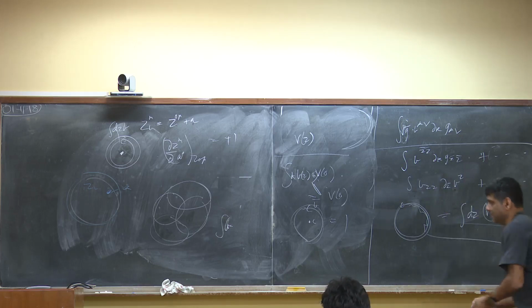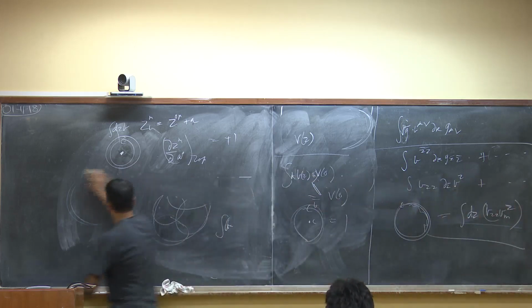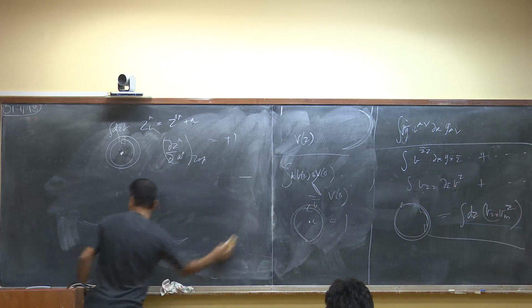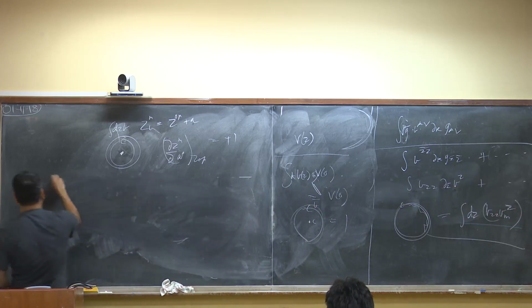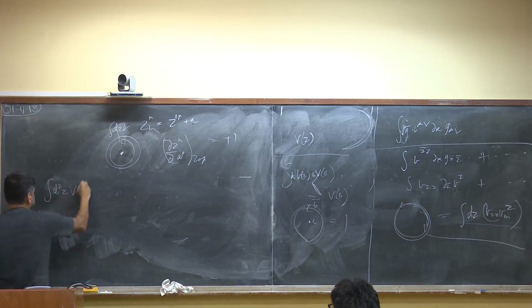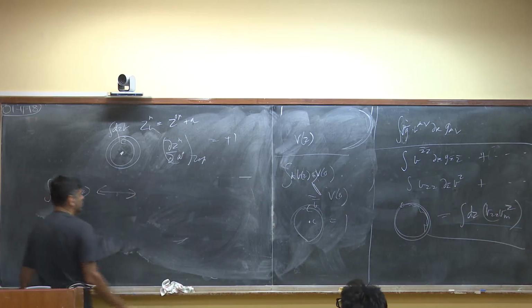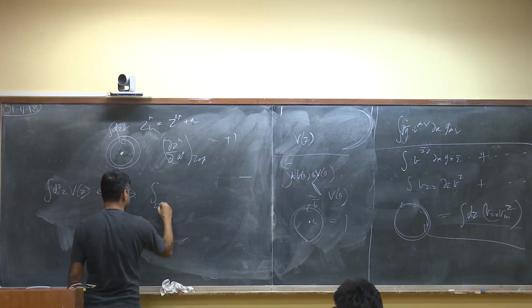Right. So let me write down the final conclusion. More or less what you said, but let me write it down. What we had on the left hand side, the honest thing, was d2z V of z. Okay, this is changed to an integral over a larger moduli space.